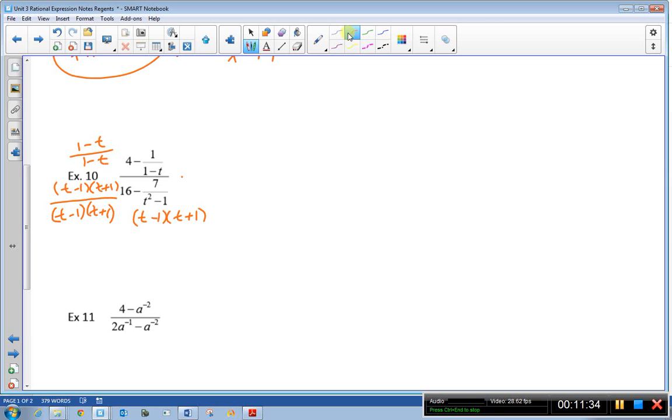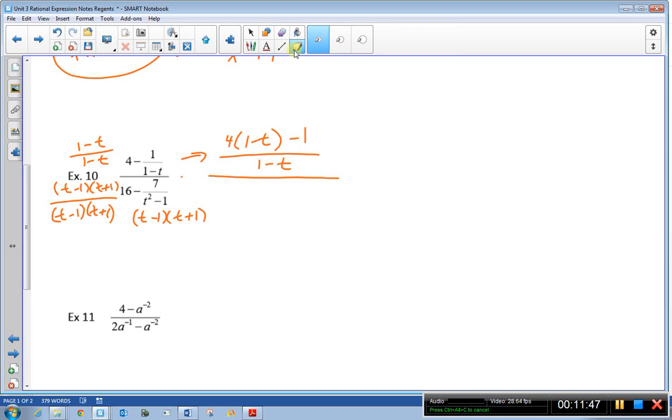So, for this one, I have 4 times 1 minus t minus 1 all over 1 minus t. My minus sign is not looking like much of a minus sign. There we go. And so that's this numerator here.